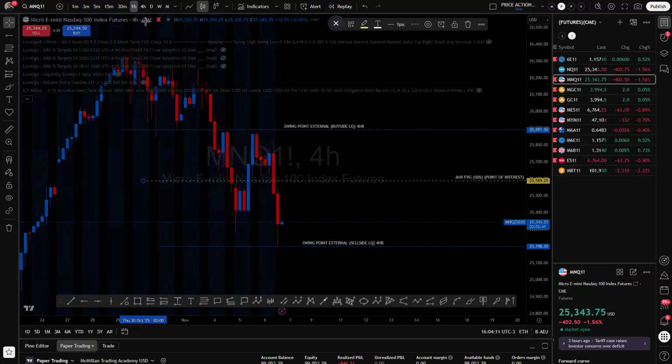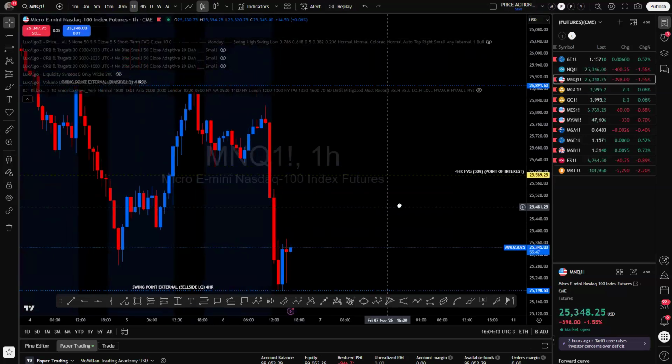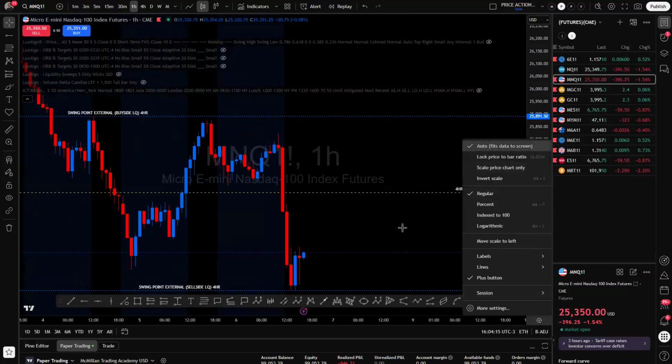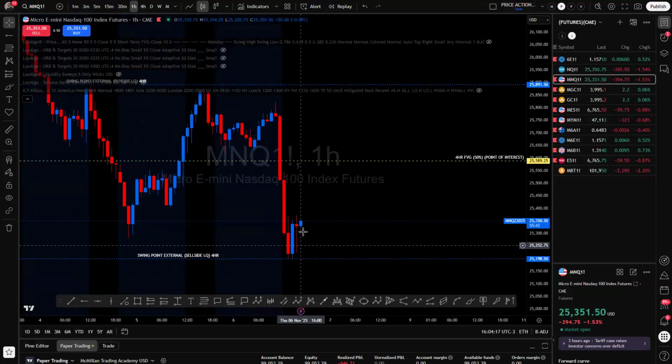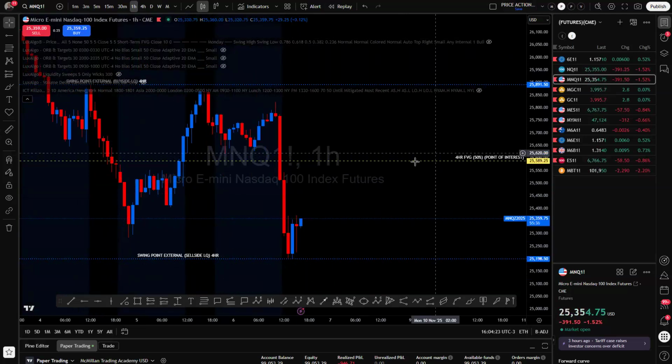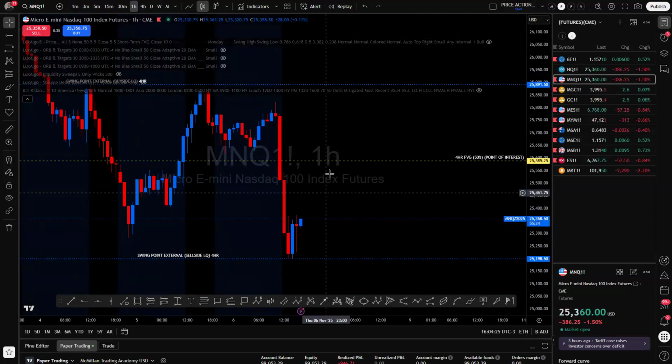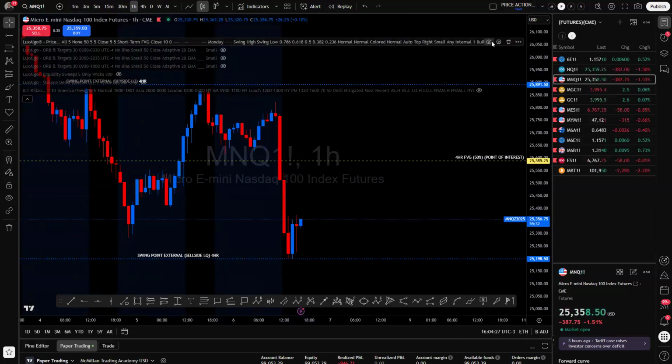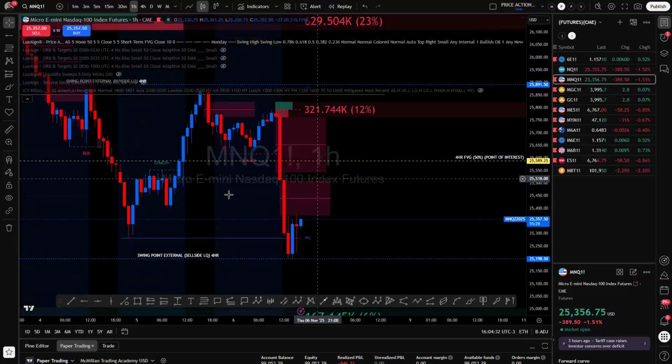So in the 1-hour time frame, we're now starting to see that there is manipulation off of this low, a sweep of this low. So it's understandable that price is going to start going bullish and manipulate here. So we're going to look for our fair value gap, which is right here.